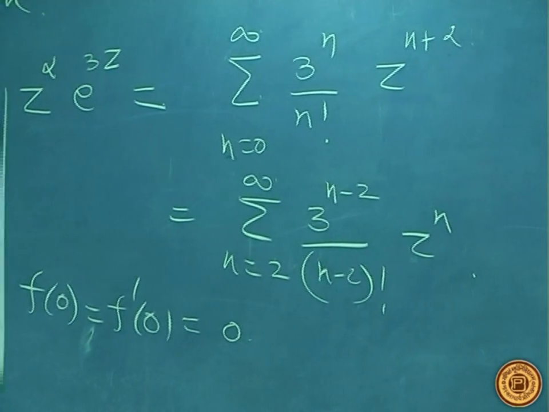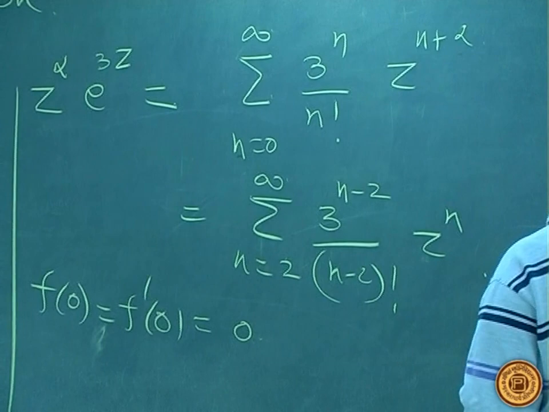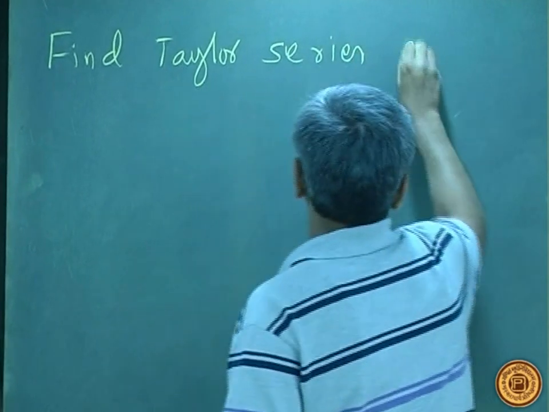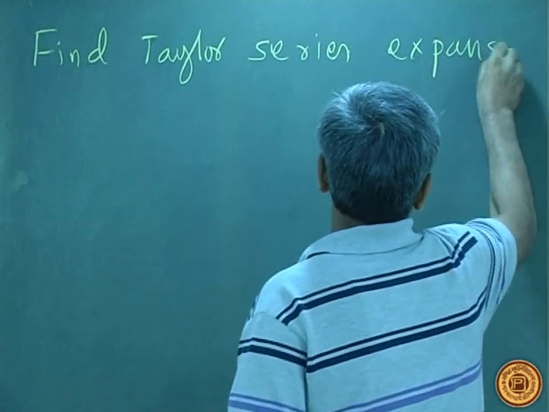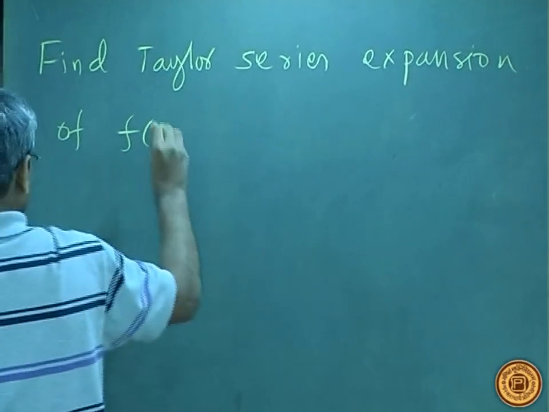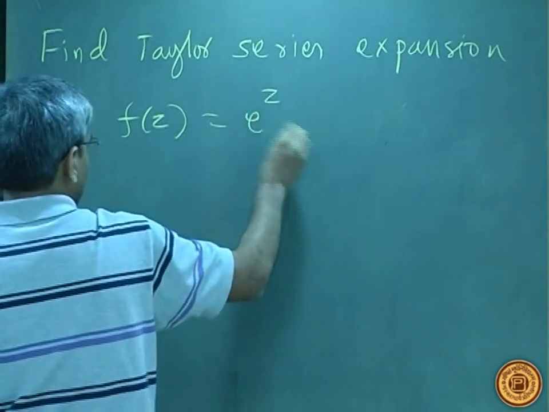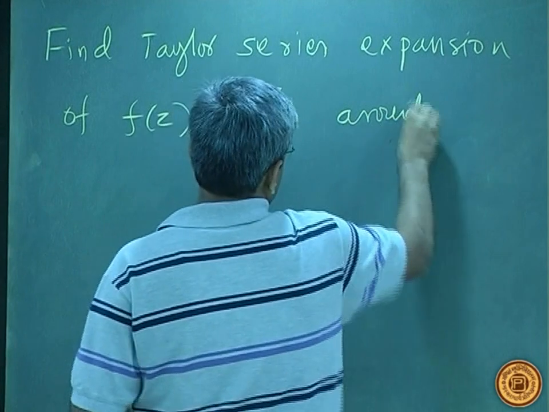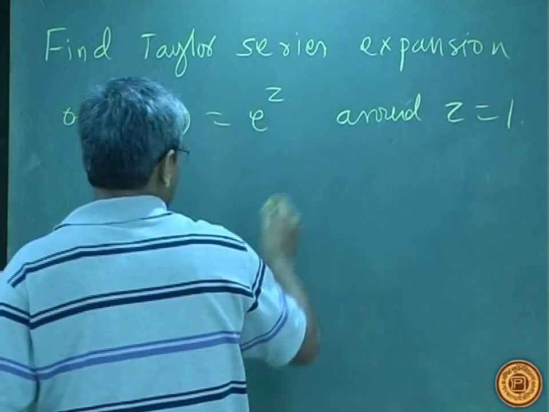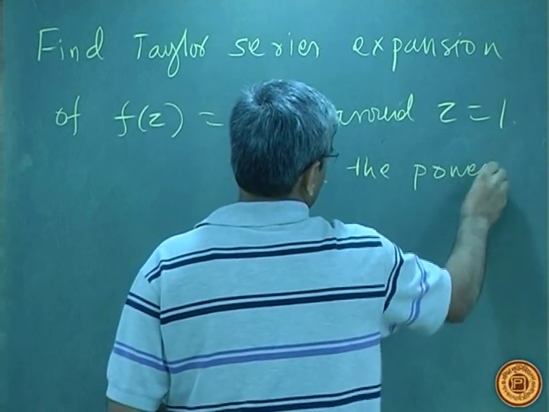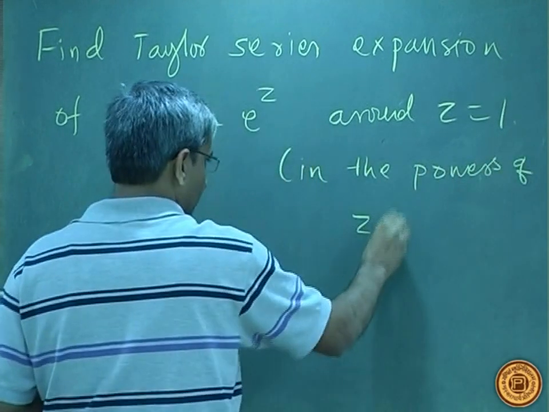Find the Taylor series expansion of f of z equal to e to the power z around, say, z equal to 1. That means in the powers of z minus 1.